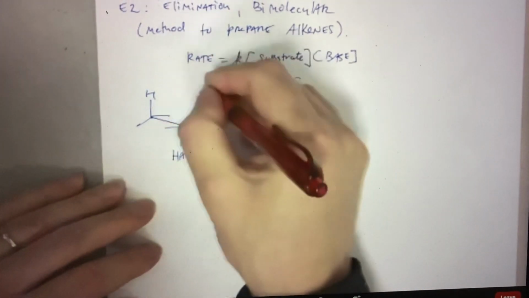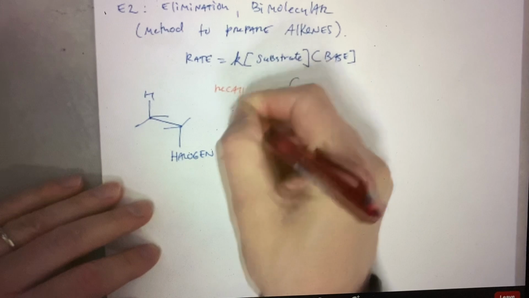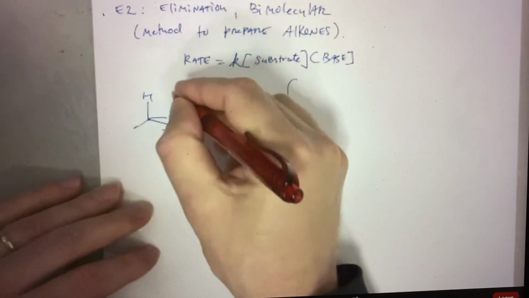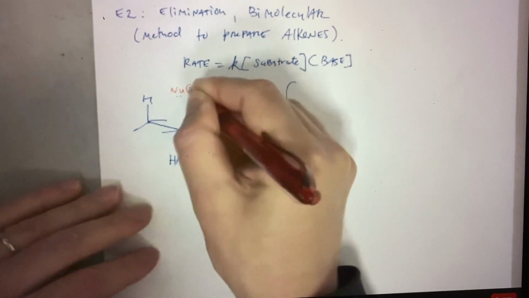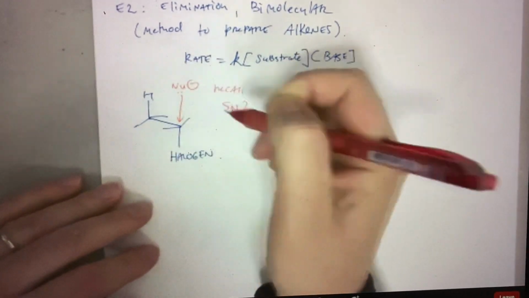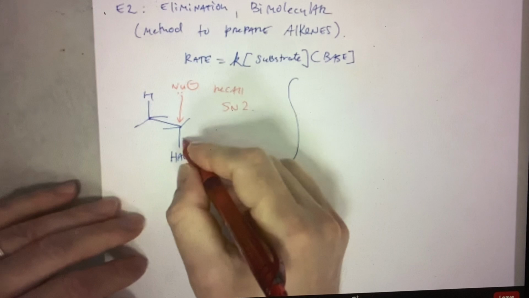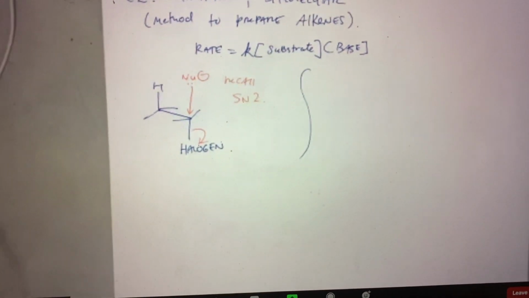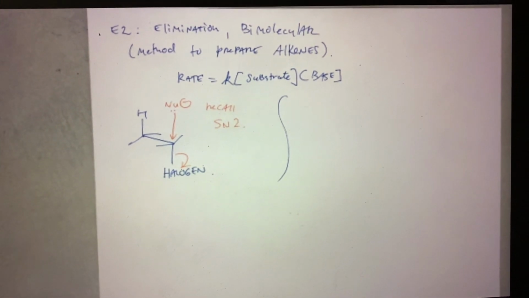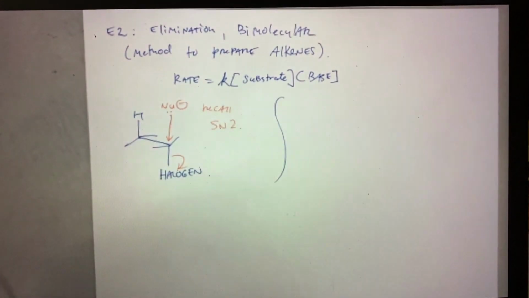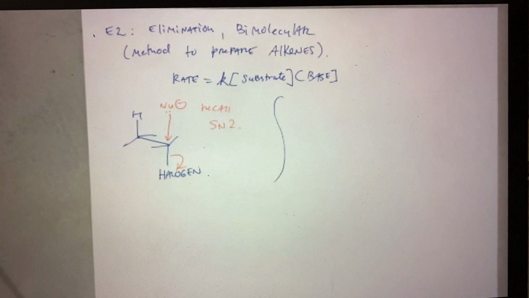And let's recall SN2. With SN2, if we had a nucleophile, typically negatively charged, we know that the nucleophile attacks at this particular position. And then halogen is typically our leaving group, but tosylate and some other things aren't necessarily halogens. So again, this is the very simplistic mechanism for the SN2 reaction.